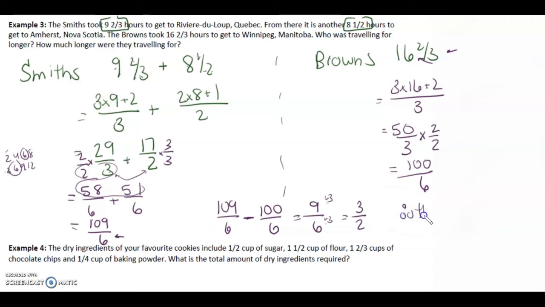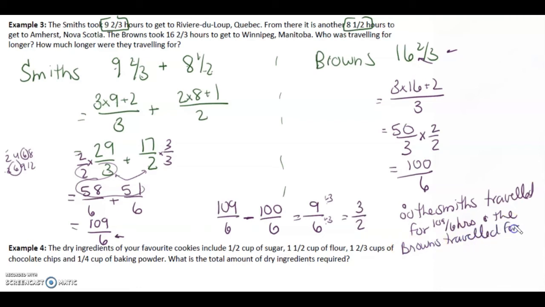So therefore, the Smiths traveled for 109 over 6 hours, and the Browns traveled for 100 over 6 hours. And then we'll say the Smiths traveled for 3/2 hours longer.